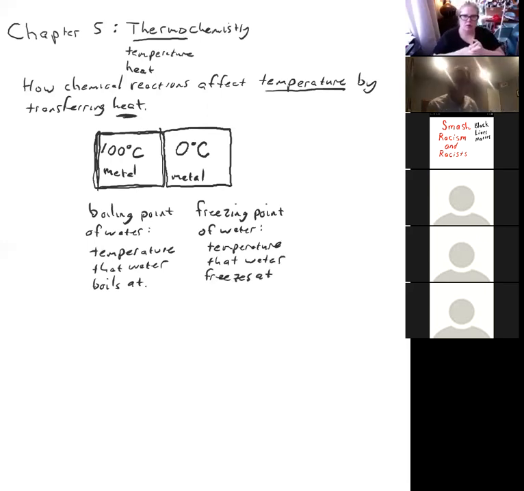So I picked 2 temperatures just so that we can be aware that there are significant temperatures in terms of the properties of water. So now here's what we're going to claim happens.